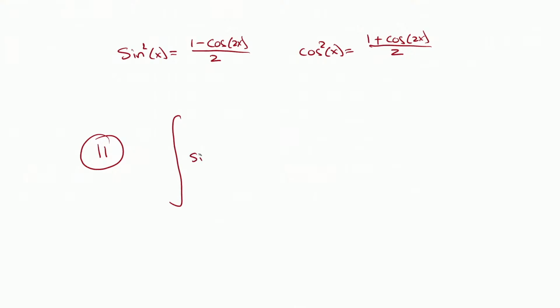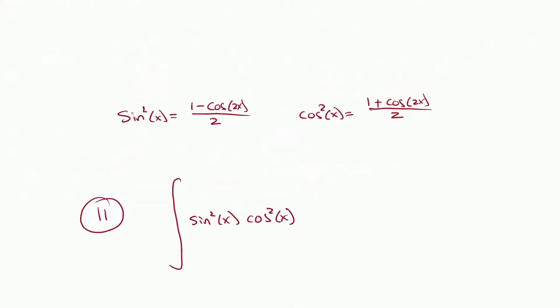So I have sine squared, cosine squared. You know what? There is an additional identity. This one I did have. Sine of 2x is 2 sine x cosine x. So you remember, this one I did have yesterday.